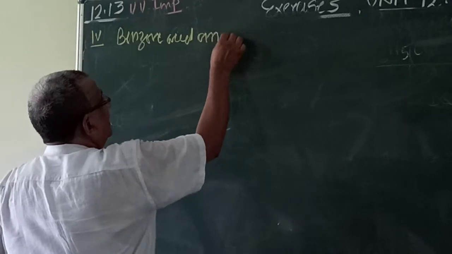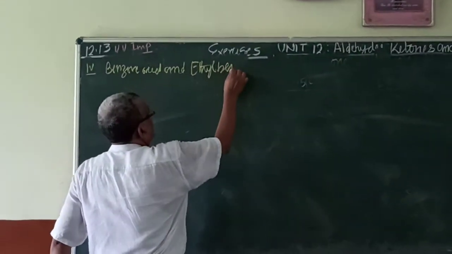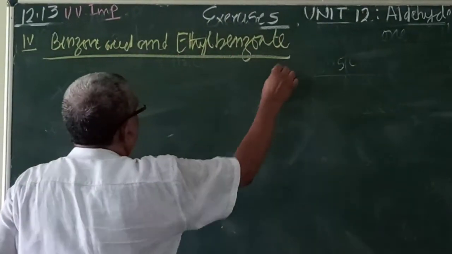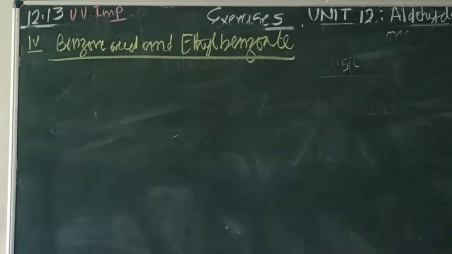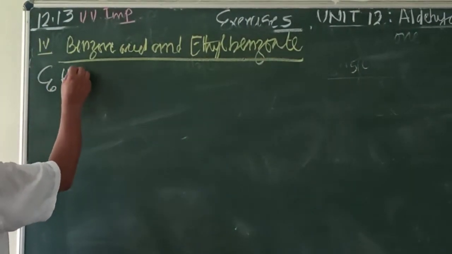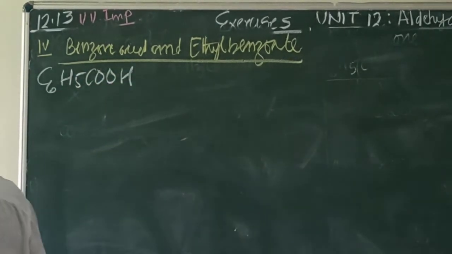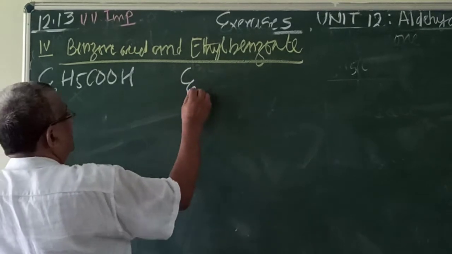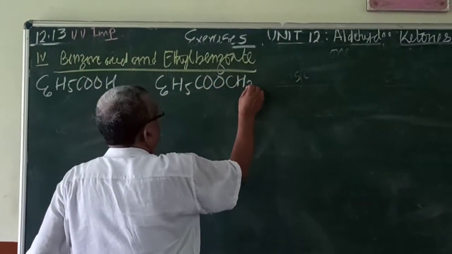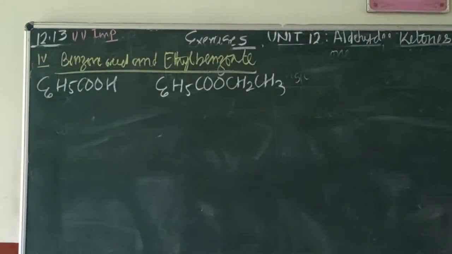Now, first, as usual, write the formulas. Benzoic acid is C6H5COOH, and ethyl benzoate is C6H5COOCH2CH3. This is your ethyl benzoate.